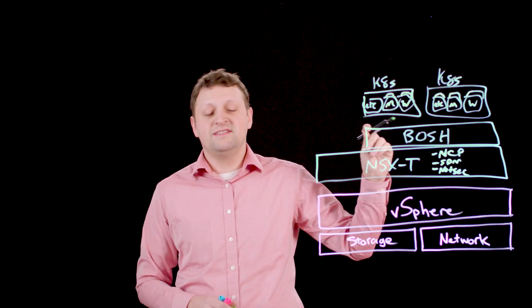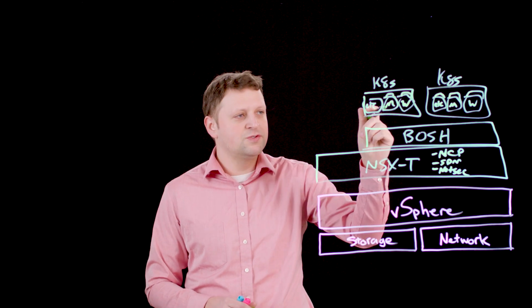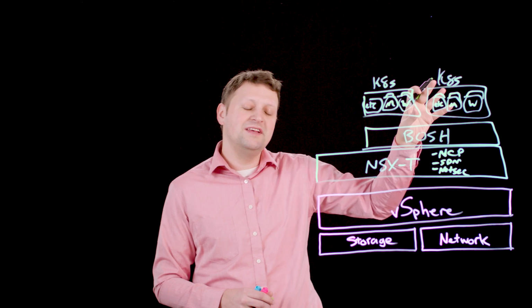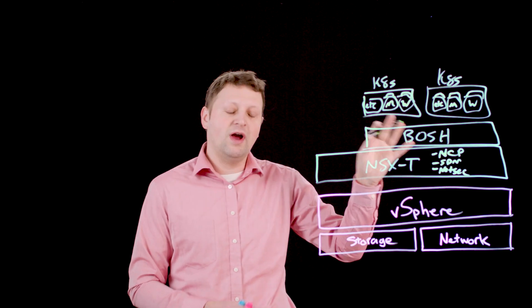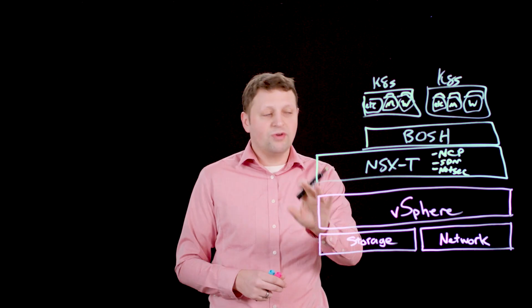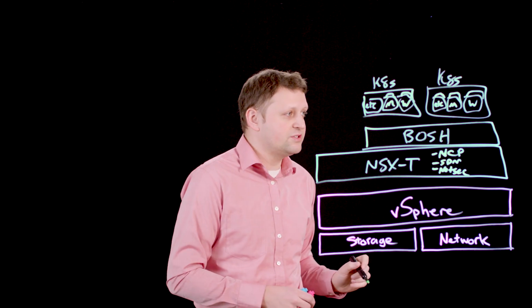And BOSH does a fantastic job of provisioning those workloads and allowing you to provision separate Kubernetes environments for different projects. That's carved up typically as your infrastructure would see fit or as your project teams work within your organization.